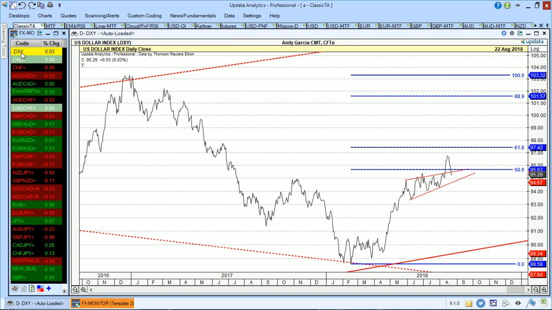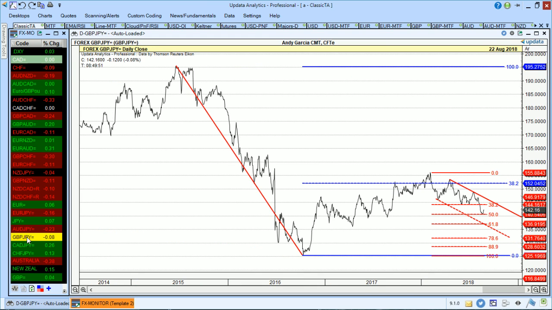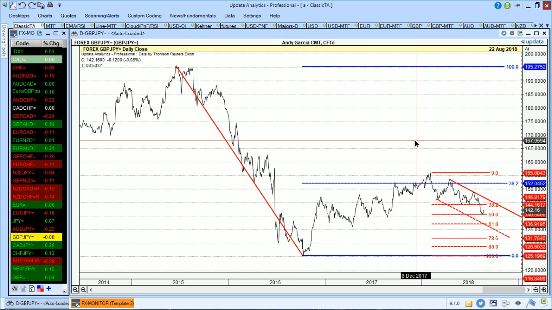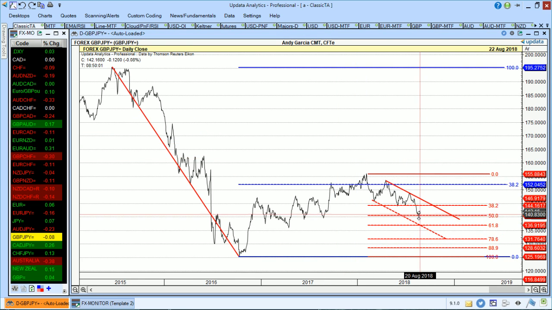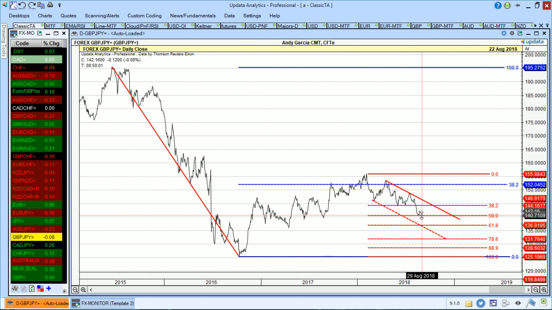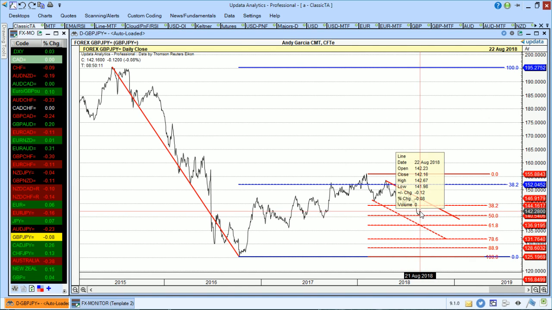Okay, one of the things that I was looking at here is the pound yen. This is the pound yen, and of course it's not on my currency dashboard, but it is on my overall watch list. You can see here over the past couple of days, we've been bouncing off the 50% retracement level. This is pretty important to me.